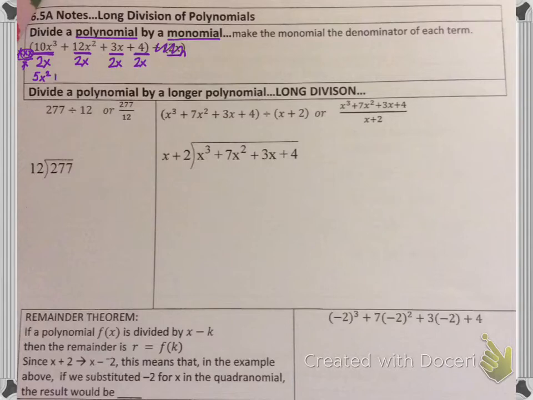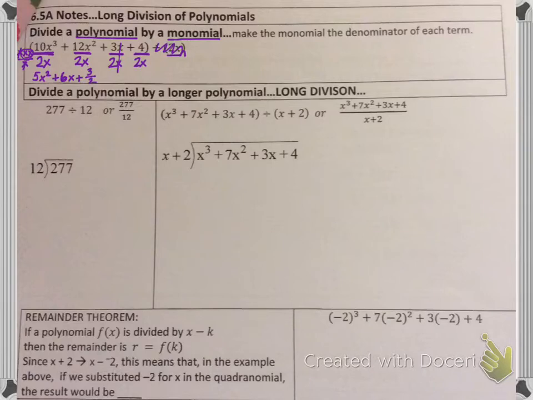My next term, 12x squared divided by 2x. 12 divided by 2 is 6, and x squared divided by x would be x. So 6x is my answer there. Next one, my x's would cancel, and I'm left with 3 over 2. That's fine to have a fraction there.